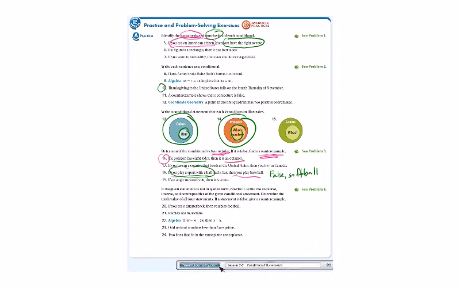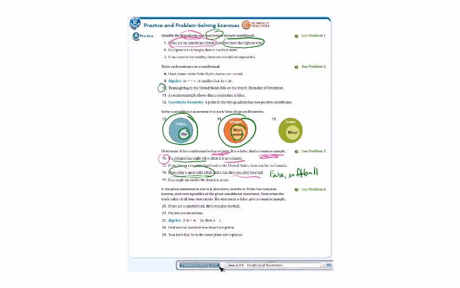A counterexample is something that's true for the hypothesis, false for the conclusion. I can't say football, because it's not a sport with a ball and a bat. For a proper counterexample, it has to be true for the hypothesis and false for the conclusion.